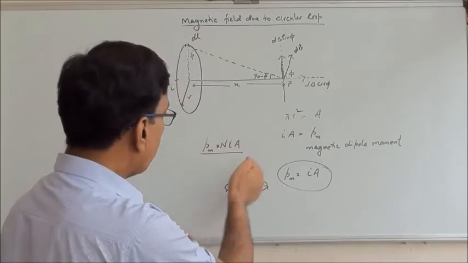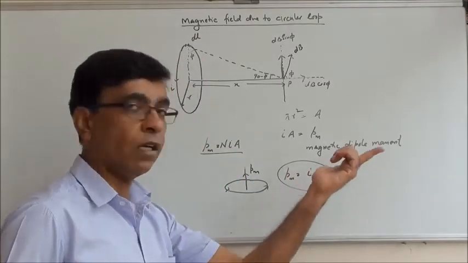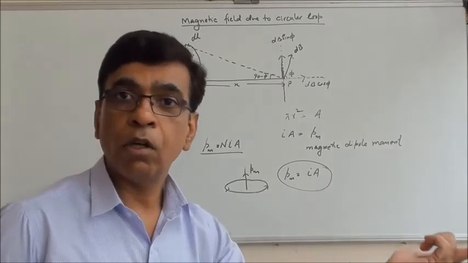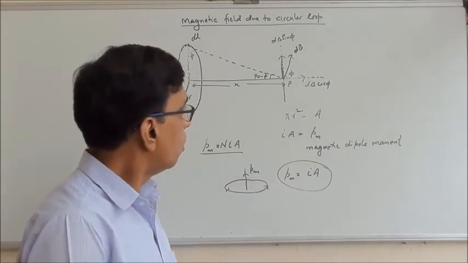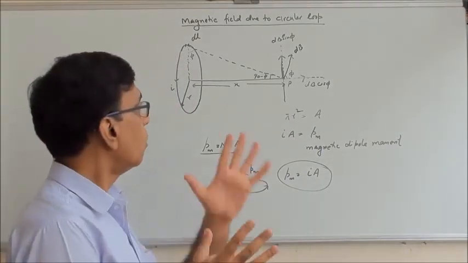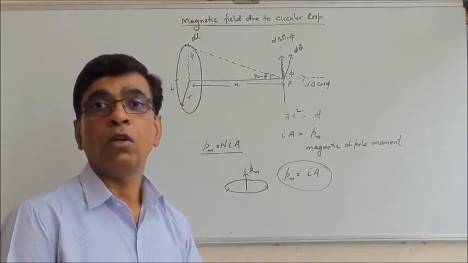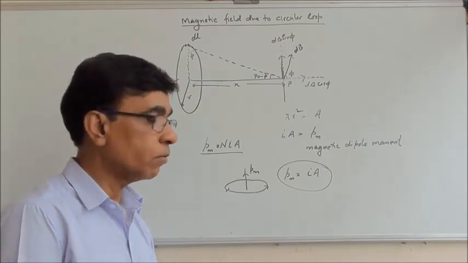We got a term, dipole moment. This is how we can find its direction, and it is current times area. For n number of turns in the loop, we need to multiply it by n. So that's all in this. Now in the next class, I will take a few problems related to the magnetic field due to a circular loop at the center as well as on the axis. Thank you.